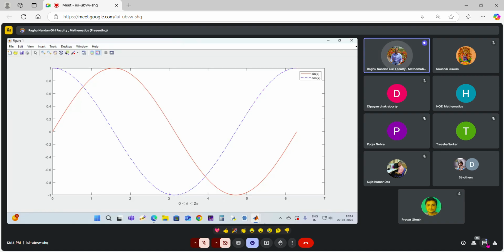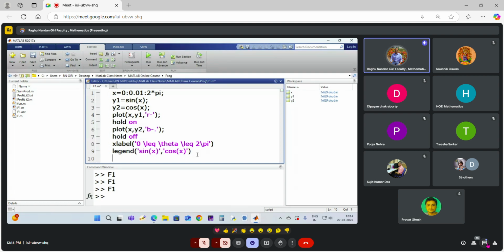Then we can easily mention the title. For title, there is a function title: y equal to sin x and y equal to cos x graph.